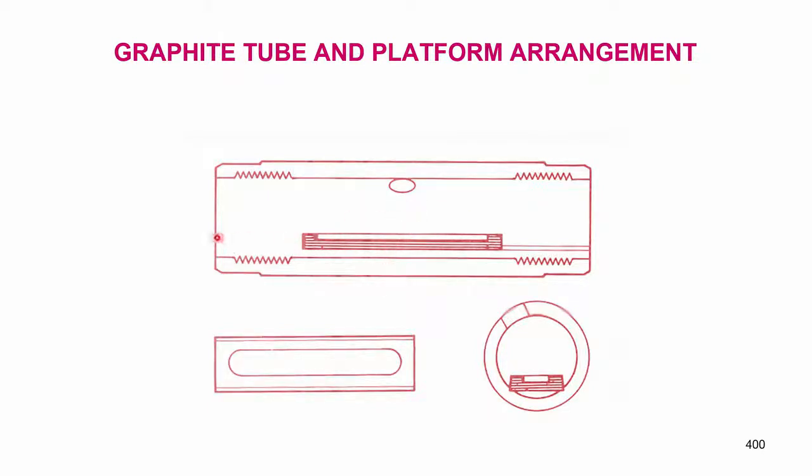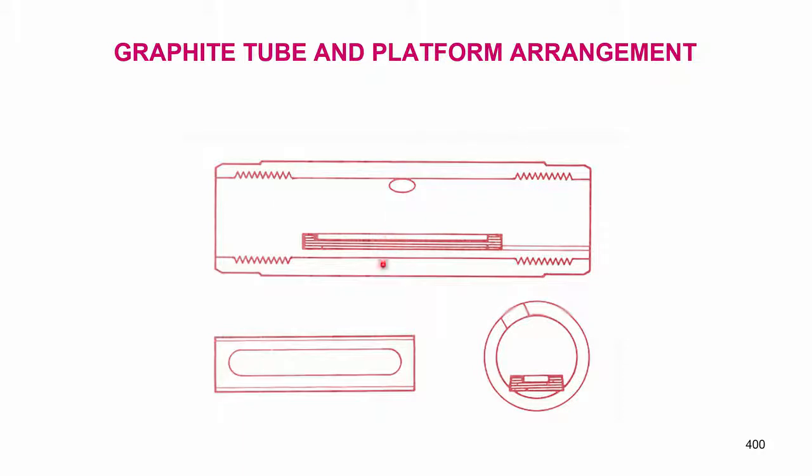That means I make a small groove here and then insert this platform, and this is the hole through which the sample is put. So, I take a micropipette and put the sample here on this platform instead of the graphite tube.